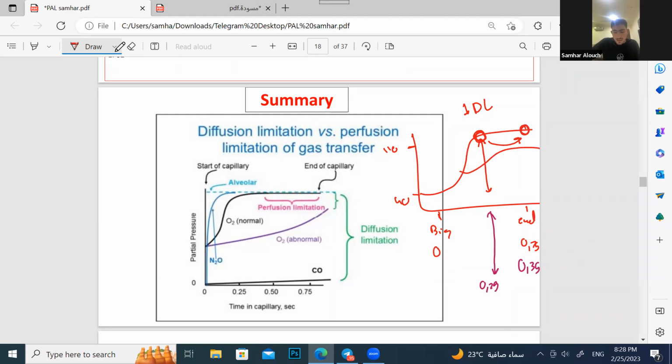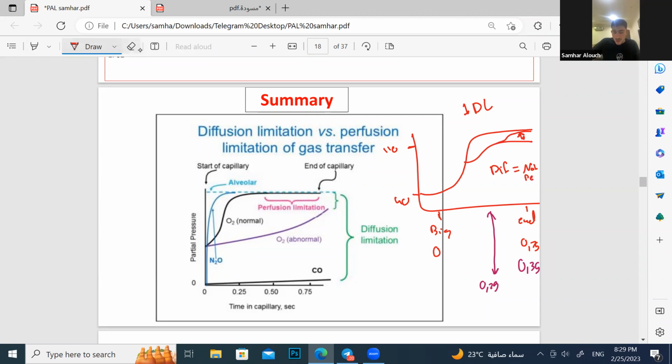Okay, and lastly, we have the concept of diffusion and perfusion limited. Diffusion limited means that we didn't reach the max. And so if we increase perfusion, the amount of blood entering, we may fix it, we may reach it at the end. So if you are diffusion limited, you are not perfusion limited.